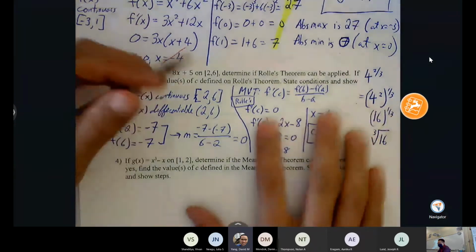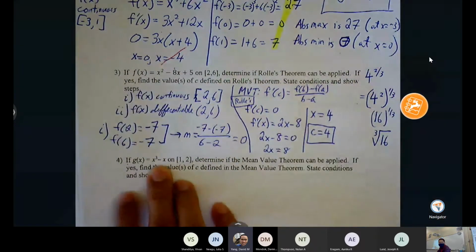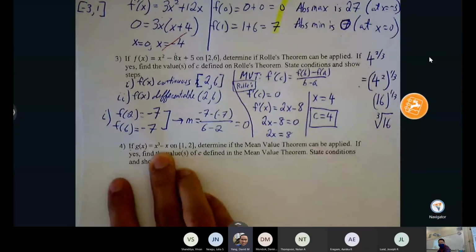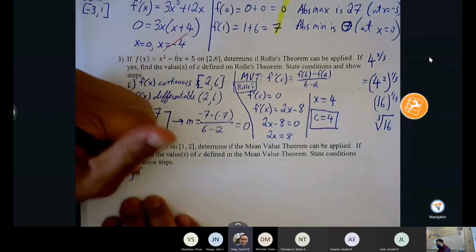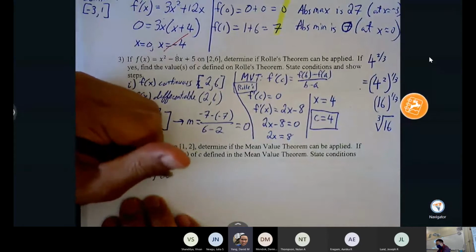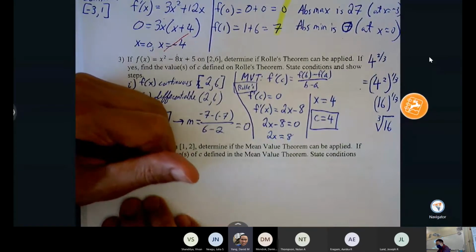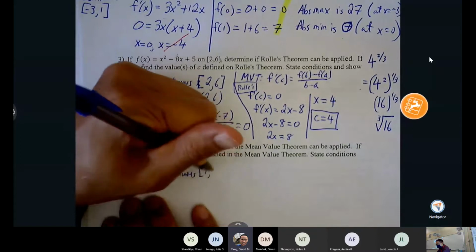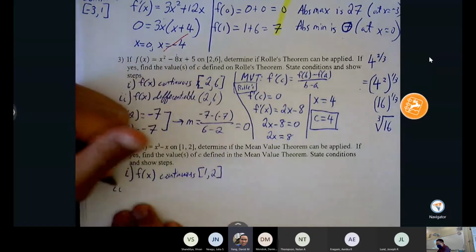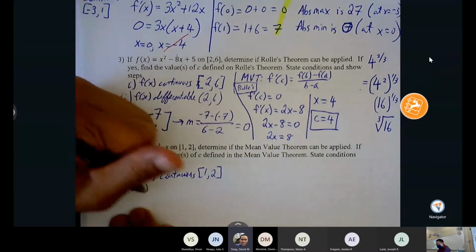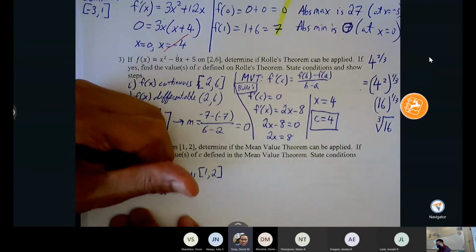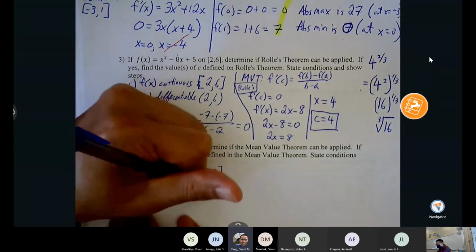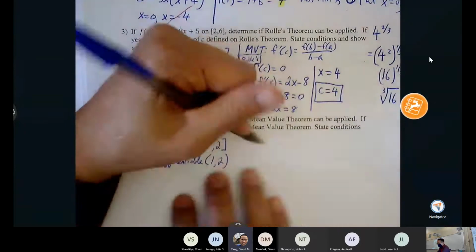So for mean value theorem, this is a polynomial, so we know our conditions will not be an issue, but we do have to take the time to spell them out. So now we have to work our formula here.